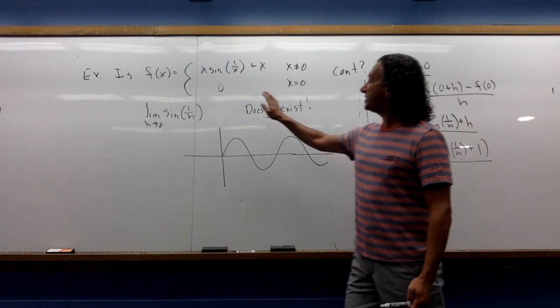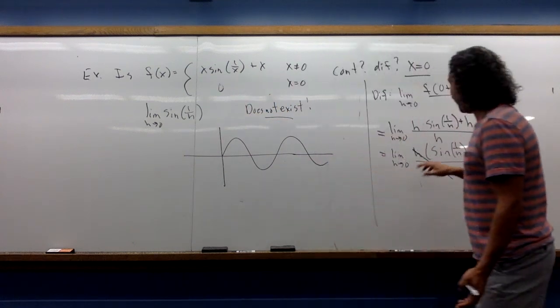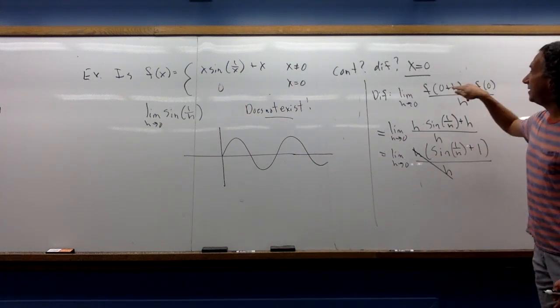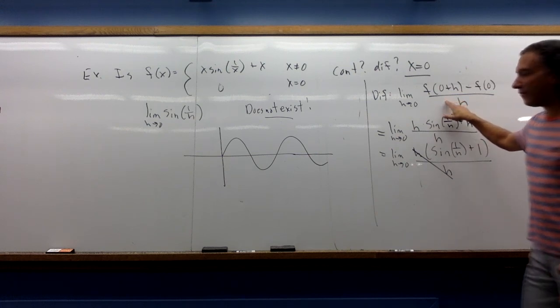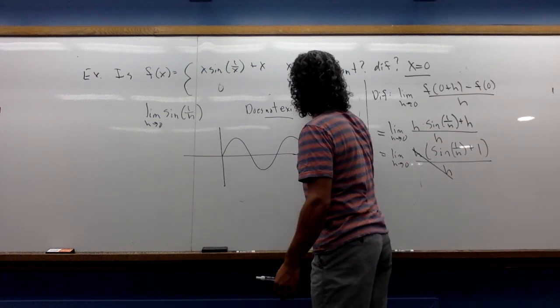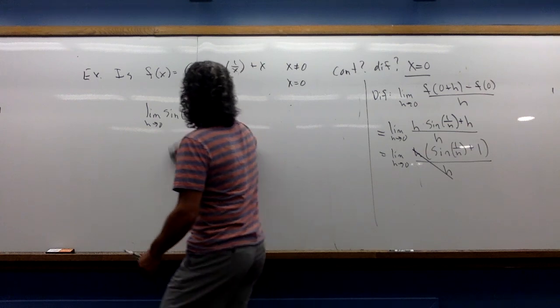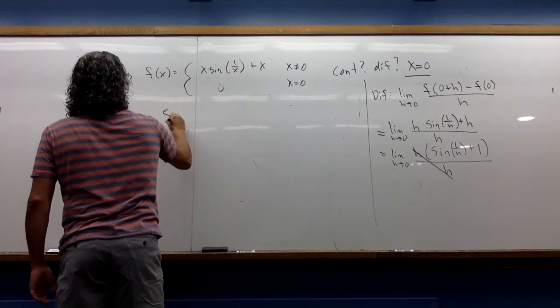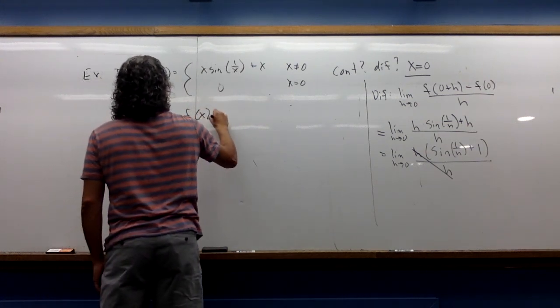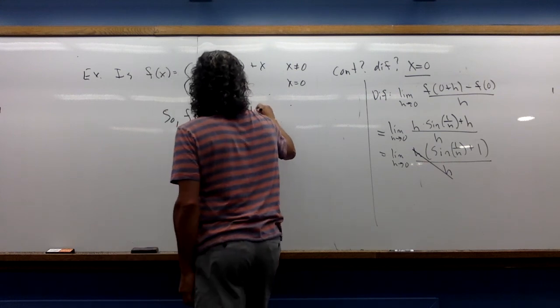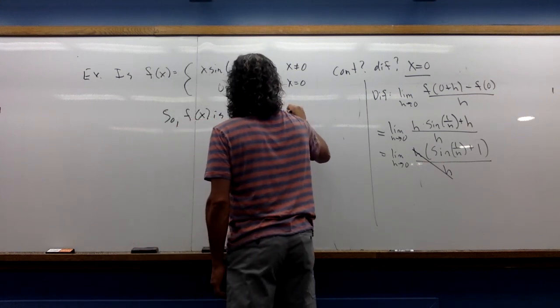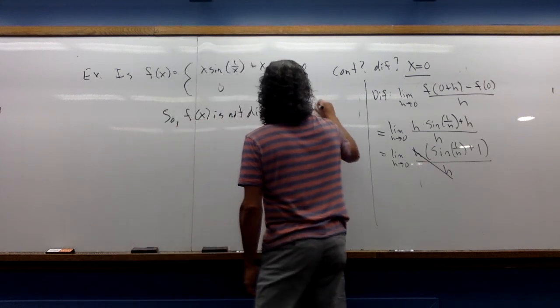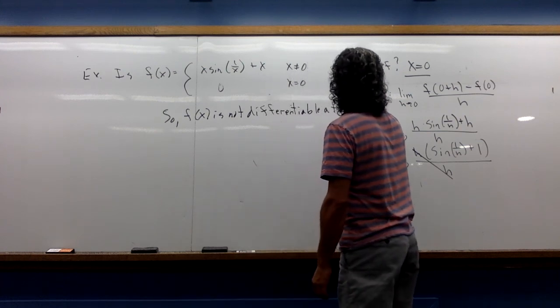All right, so this limit doesn't exist. So this doesn't exist. Therefore, since that doesn't exist, I guess f of x is not differentiable at x equals 0.